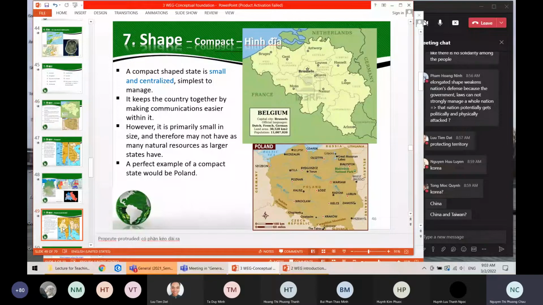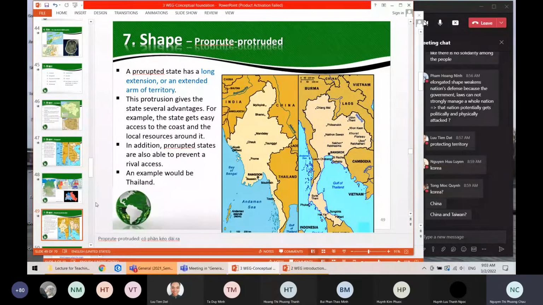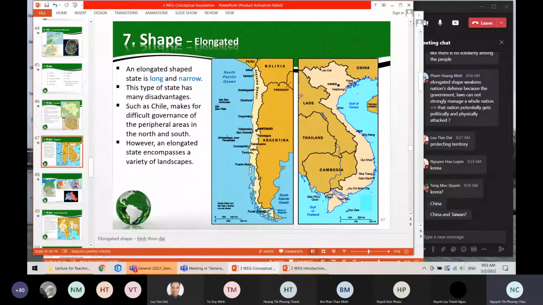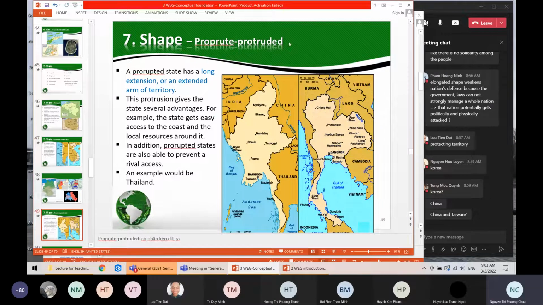Yes. So we move to the next shape. It looks like this: a big part and a tail.